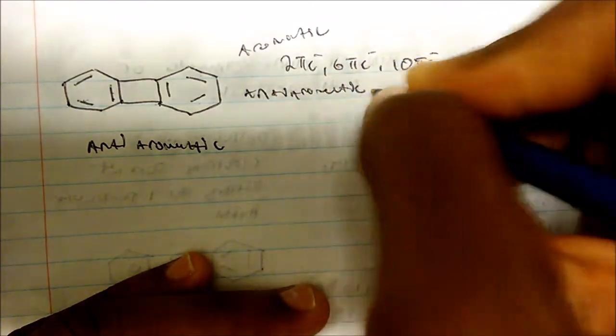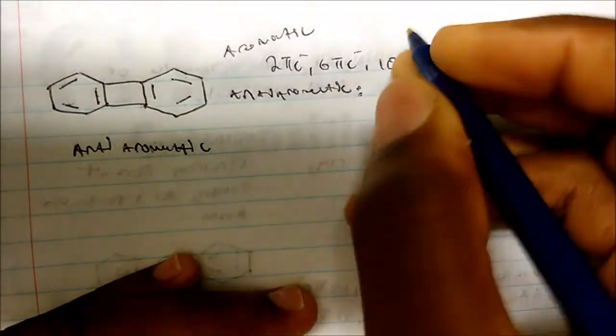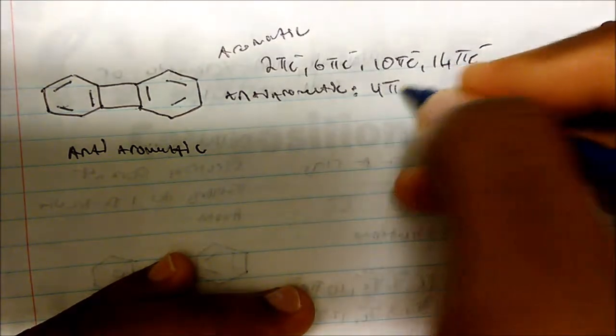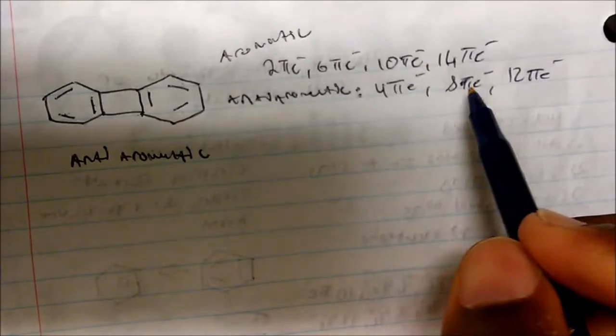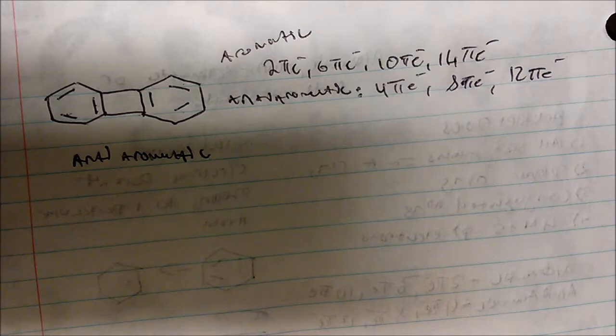Anti-aromatic is the opposite. It starts at 4. So we have 4 pi electrons, and then we add 4 to that, that will give me 8 pi electrons, and then we add 4 to that, that will give me 12 pi electrons. So the only rule that this fails is the 4n+2 rule, and we have anti-aromatic numbers. Very important.